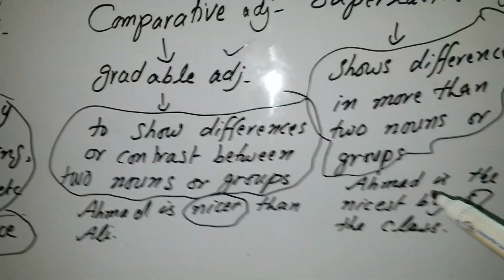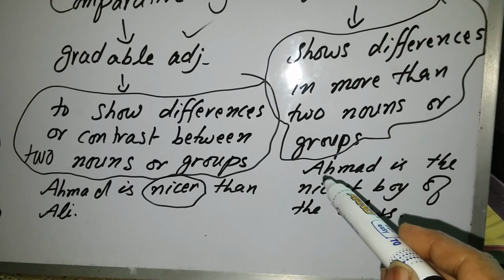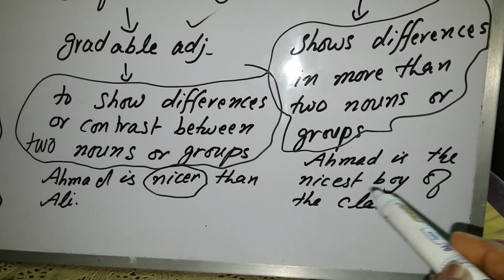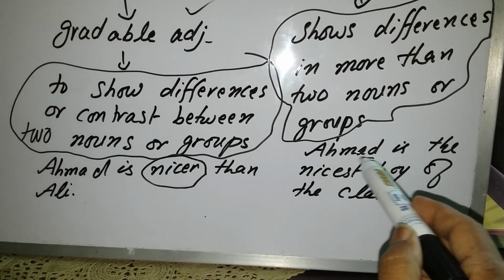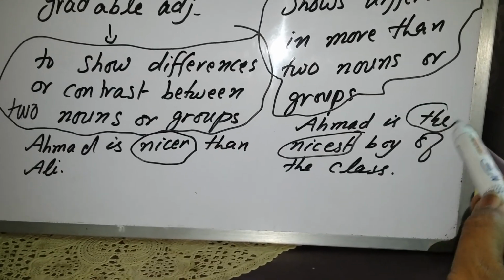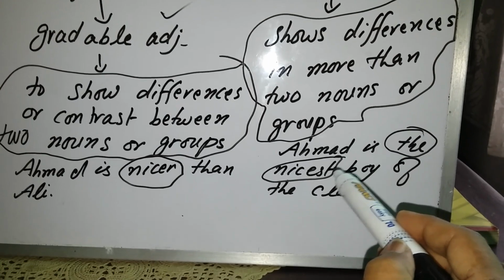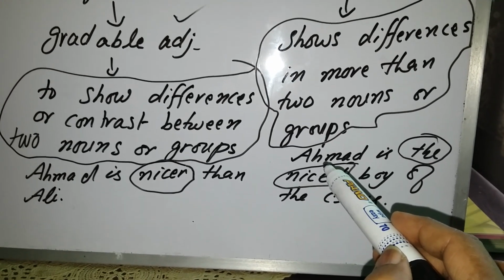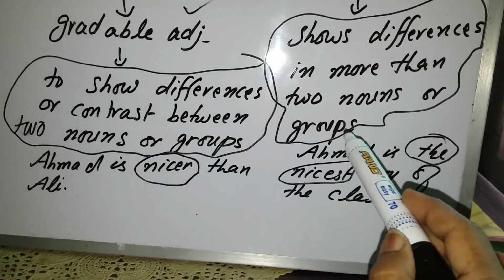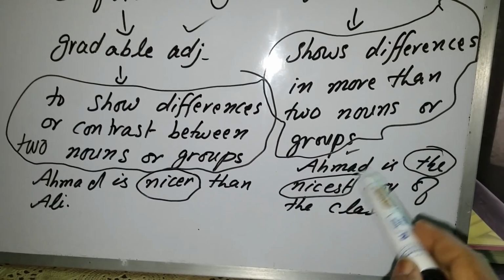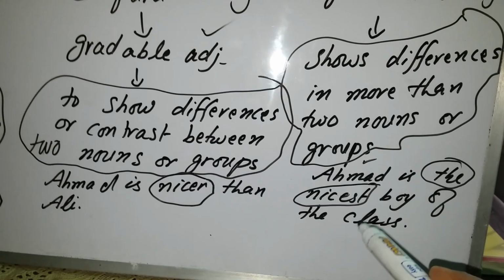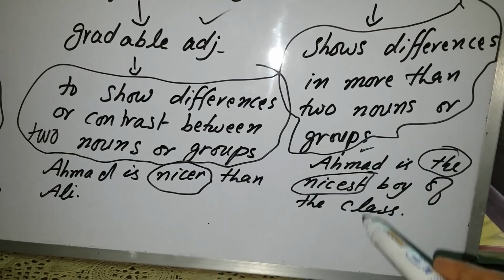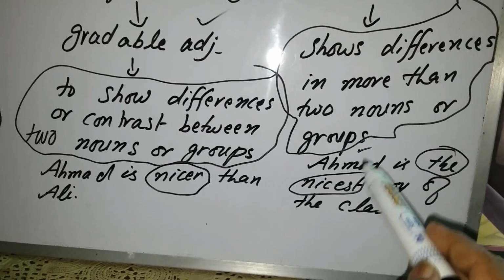In the third, superlative degree, Ahmad is the nicest boy of the class. Now we have used the superlative degree or third degree to make a difference or contrast between one noun and other nouns, because this is the contrast between more than two people.